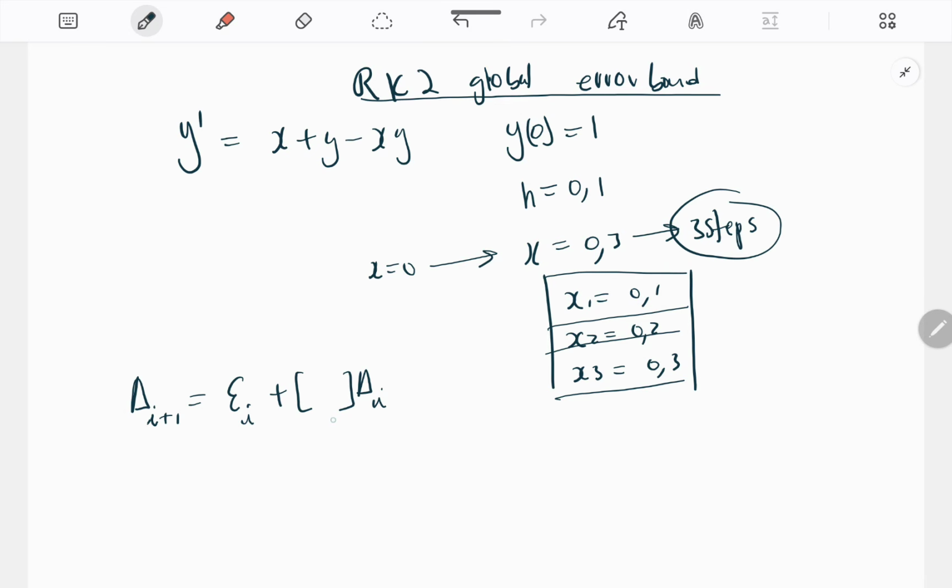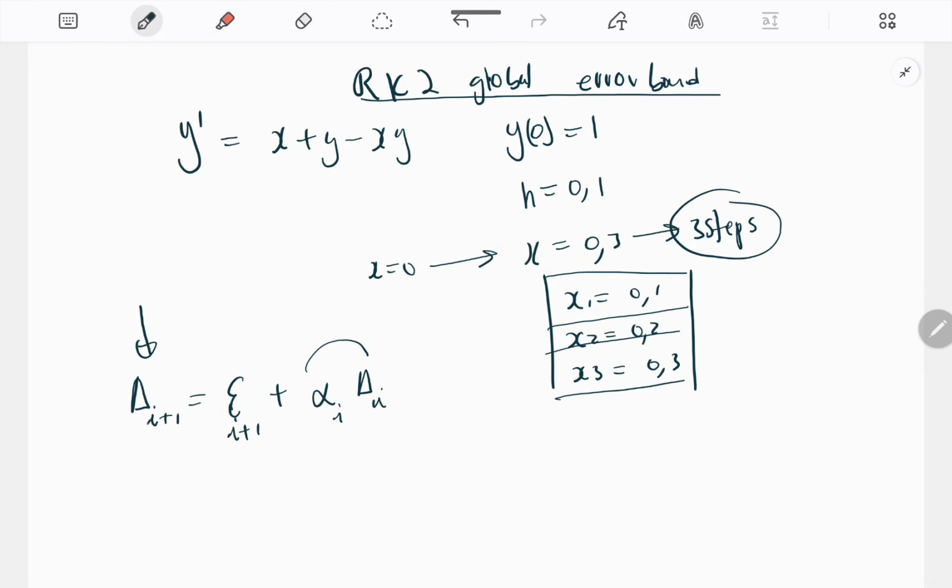So that factor, let's just call it alpha, like that. Let me think about what I just wrote. Oh, actually, I'm wrong here. The error where I'm at should equal the local error where I'm at, plus the previous stuff multiplied by a factor.